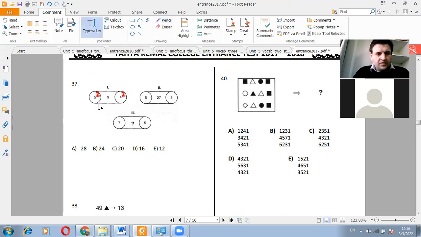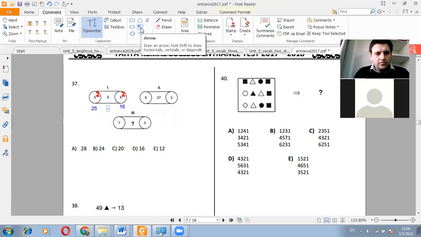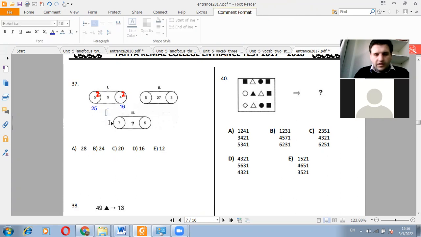Here we get 25. Here we get 16, right? If you subtract them, 25 minus 16, you get 9. Equals 9.